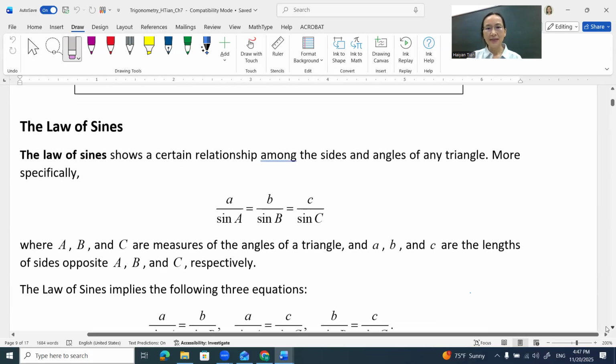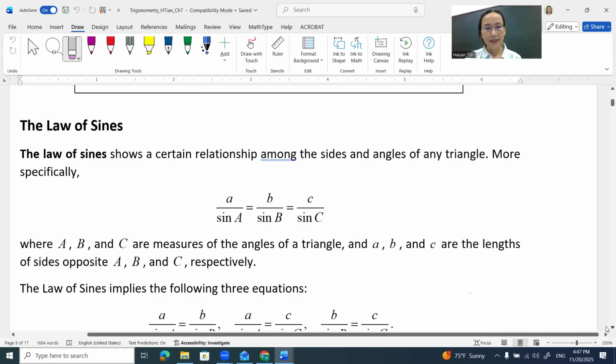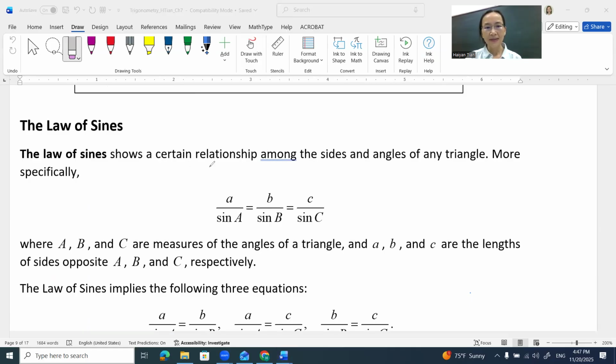The law of sines shows a relationship among the sides and angles of any triangle, including right triangles. So no matter if it's oblique or right, we can use this.